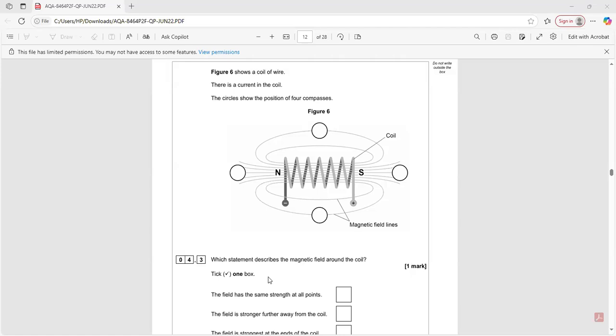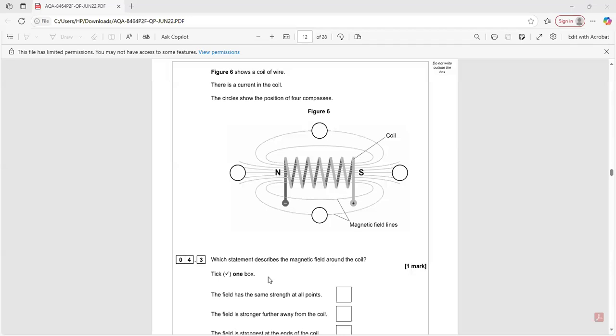So it says figure 6 shows a coil of wire, right? And there's a current in that coil. The circles show the position of 4 compasses, all right? Question, which statement describes the magnetic field around the coil?